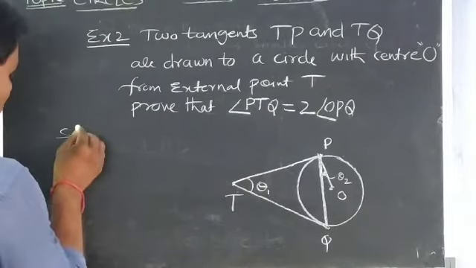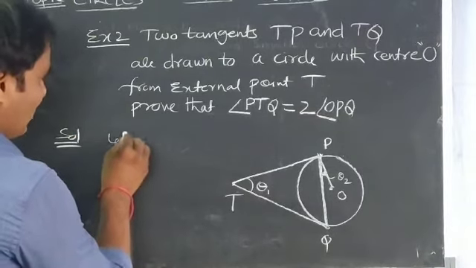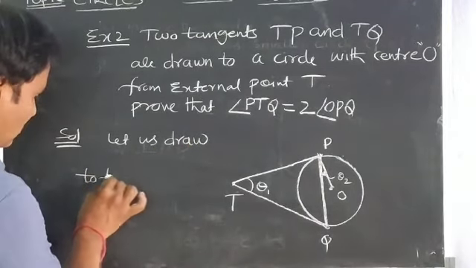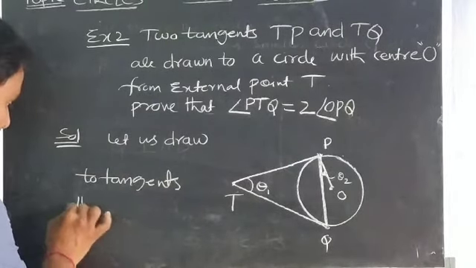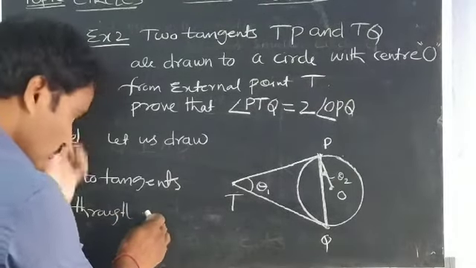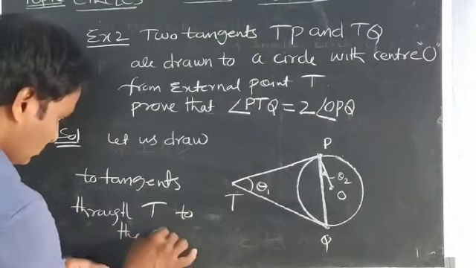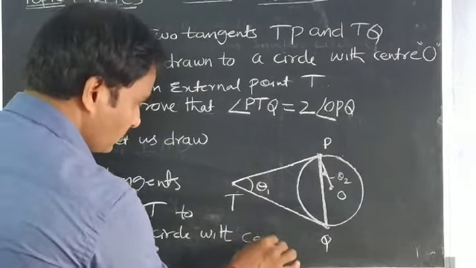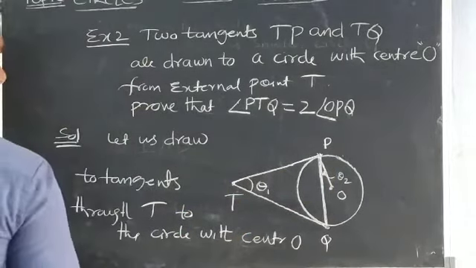Now let us do the solution. Let us draw two tangents through T to the circle with center O. So I have drawn TP and TQ here.